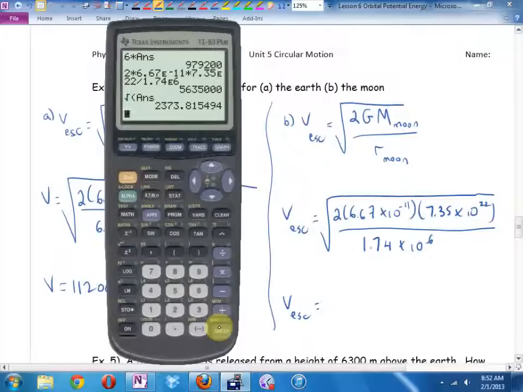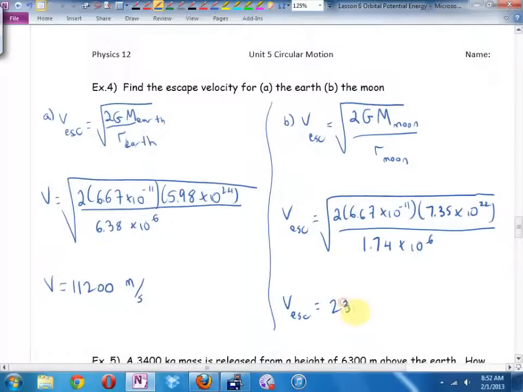Considerably smaller. Hence, hey, if we really want to do space travel right, a moon base is almost a necessity. Well, no, maybe not. If we can find some type of source of fuel or something that we can turn into fuel on the moon, then a moon base really makes good sense. 2,370 meters per second. So escape velocity.